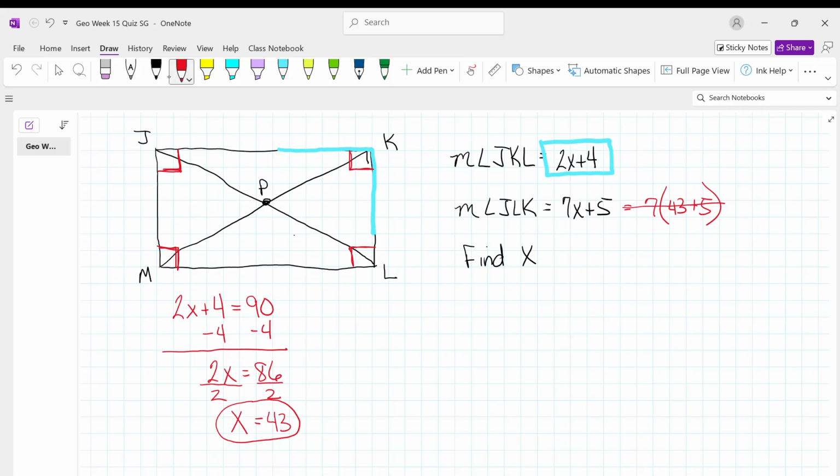We got a question that says if JP is equal to 3y minus 5 and MN is equal to 5y plus 1.